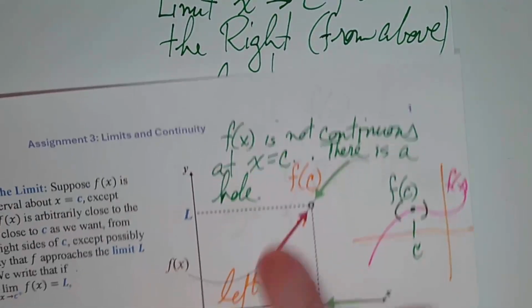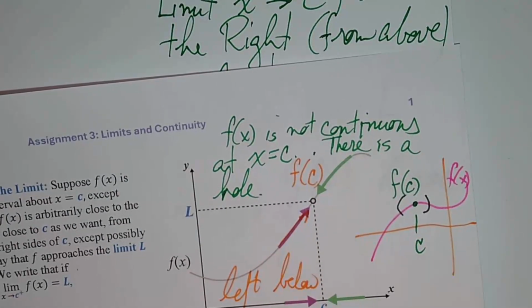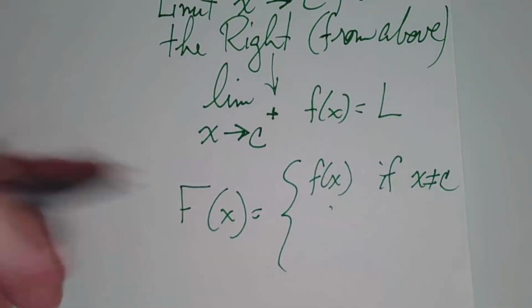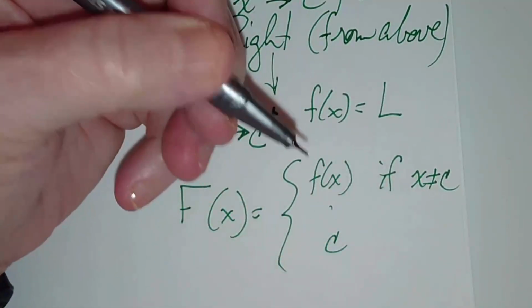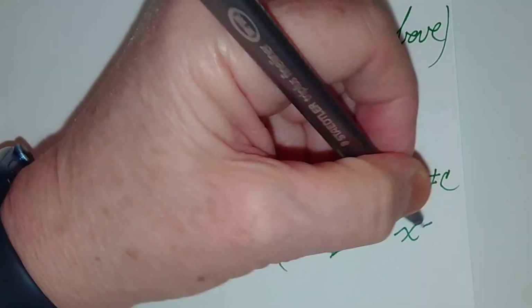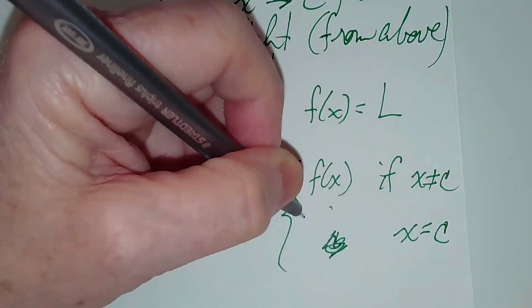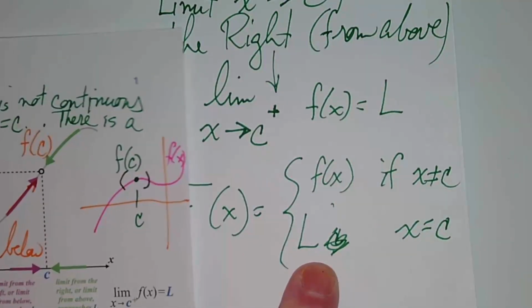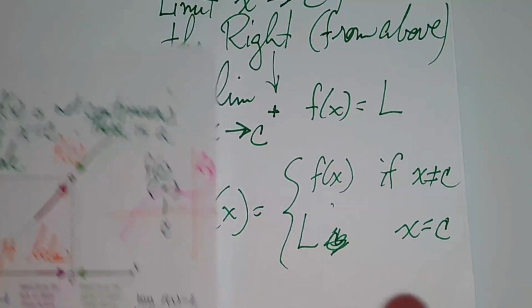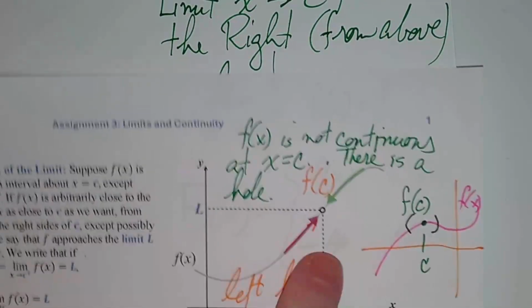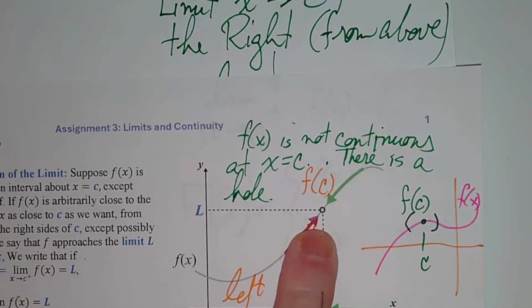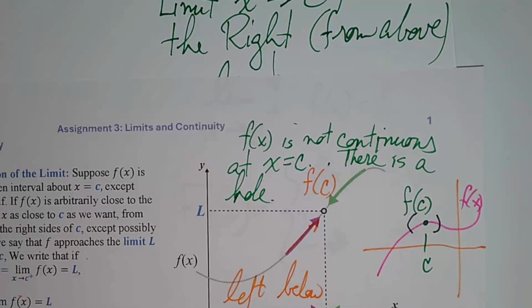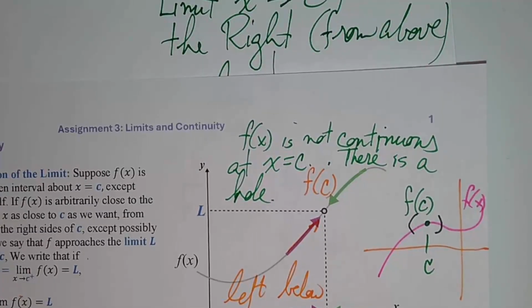So it's going to be exactly this graph, but if x is equal to c, the function is going to be equal to L. And that is a way that we can take our function and kind of repair it. So this kind of discontinuity, this hole, is not so bad. We can plug that hole and work with the function.